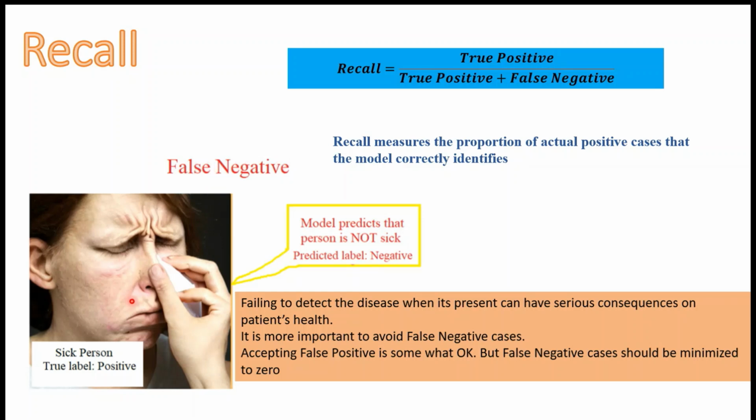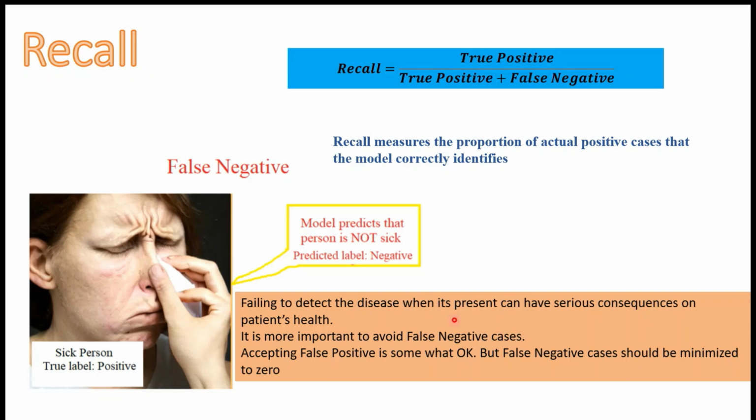Now in the previous case we discussed false positive. That is also one type of error, and this is another error, and we need to minimize false negatives. Minimizing false negatives is much more important when compared to false positive cases, because we are labeling a patient who has a disease as not having any disease, which has very serious consequences on his health.